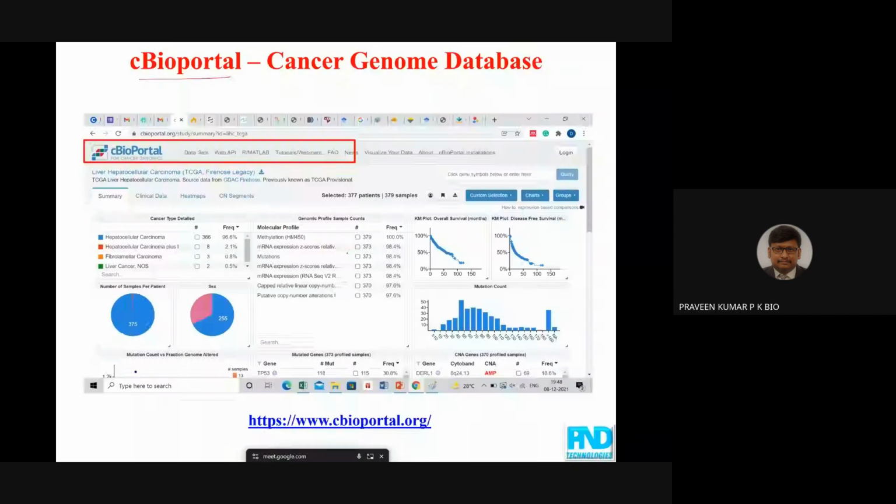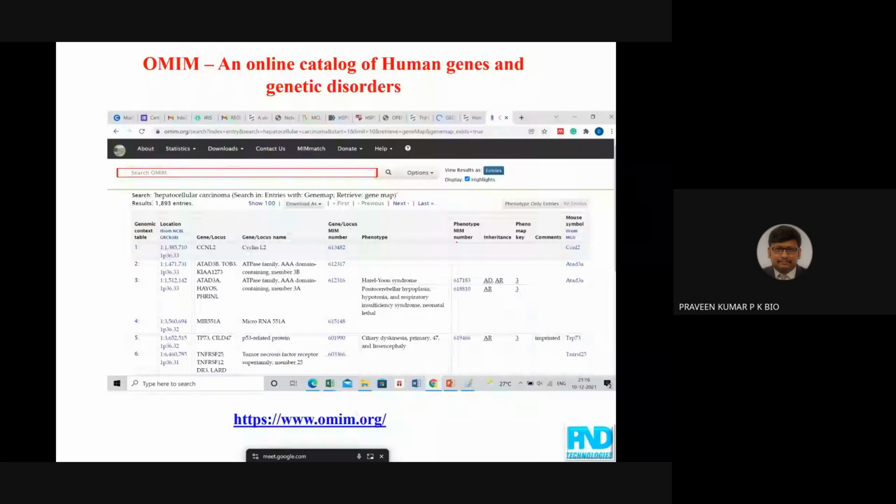Because if you rely on a particular, most frequently occurring gene, it will be helpful for you to cure many cases. Of course, for this you can use My Cancer Genome and cBioPortal. So much statistical data information is available in cBioPortal.